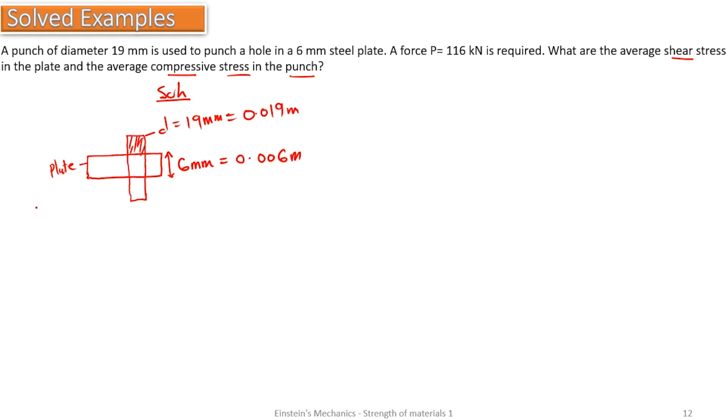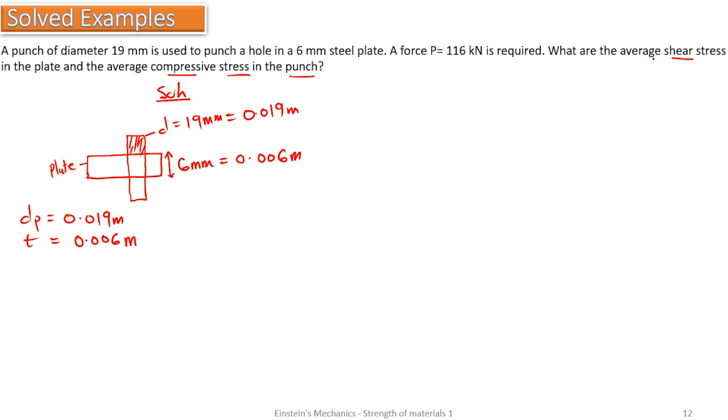So we have the diameter of the punch as 0.019 and the thickness of the plate as 0.006 meters.